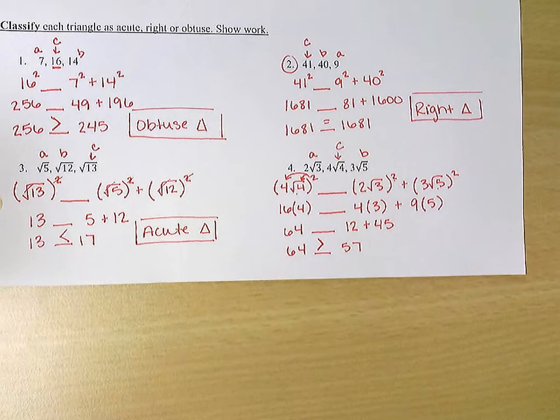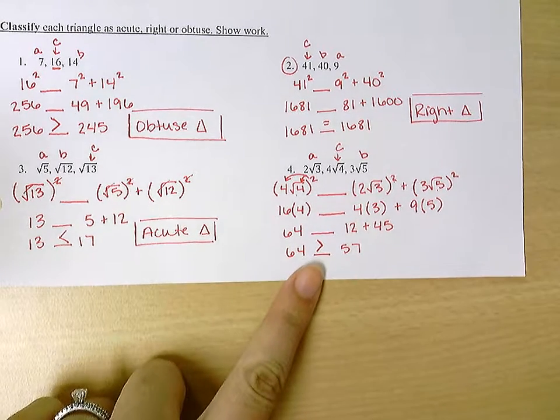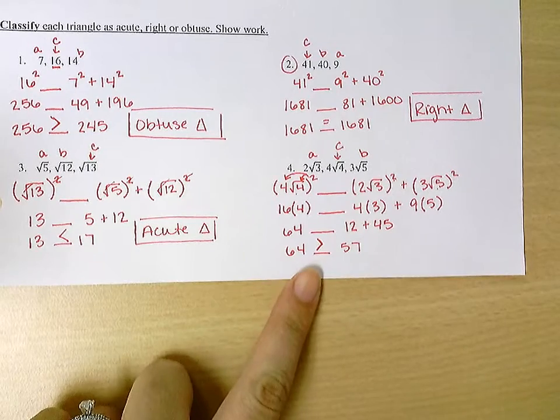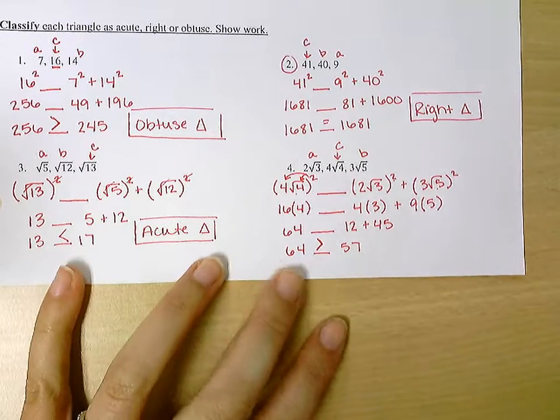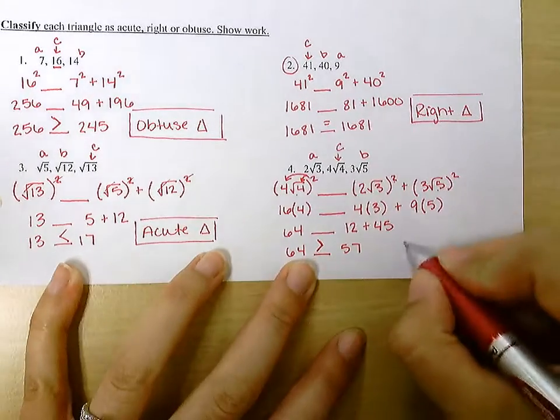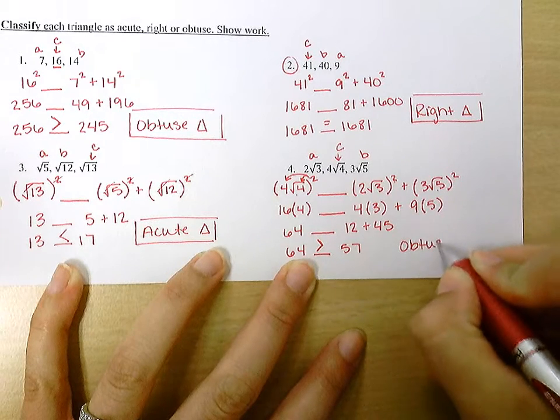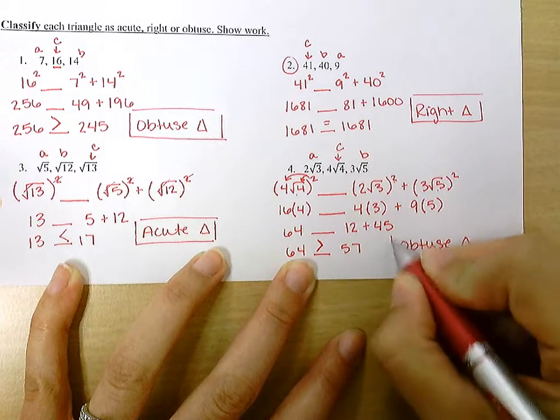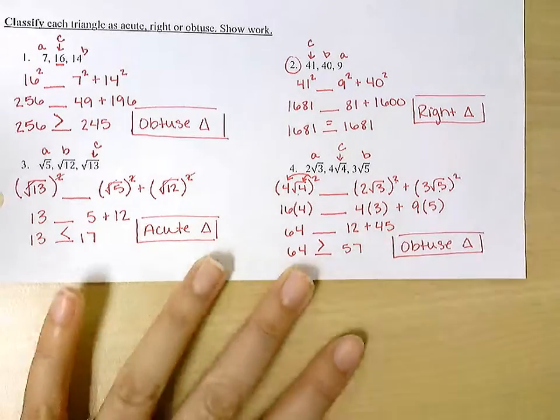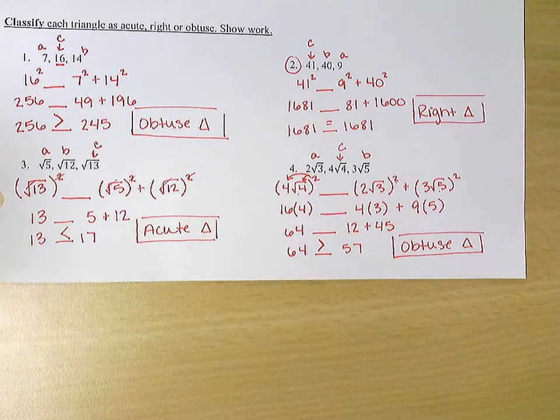Again, it opens up to that greater side. So I should look up at the top to see which one of these triangles that is. And it is an obtuse triangle. Kind of like what we did yesterday, just with one extra step. All right, questions?